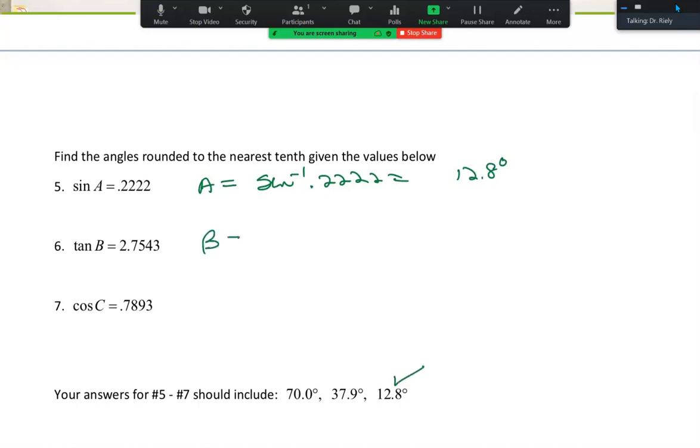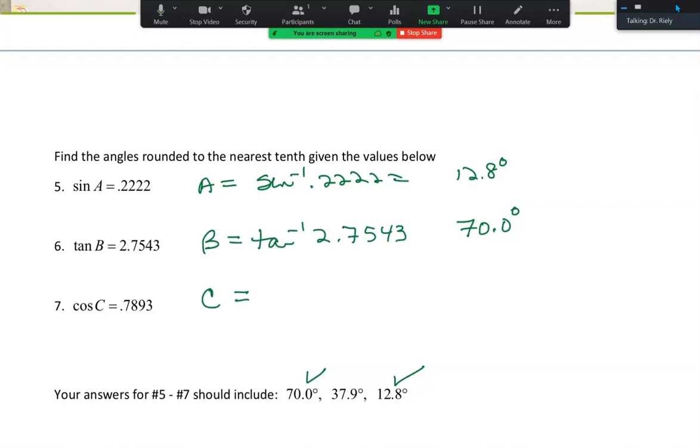Okay, for B, your calculator should go tan to the -1 of the number they gave you, and that should get you exactly 70 degrees. Oops, so sorry, look what I did.